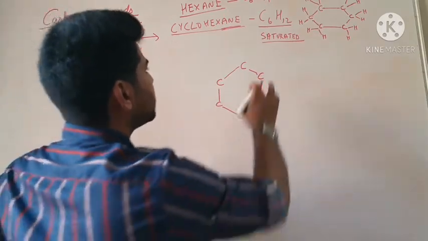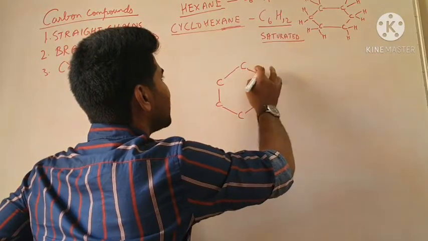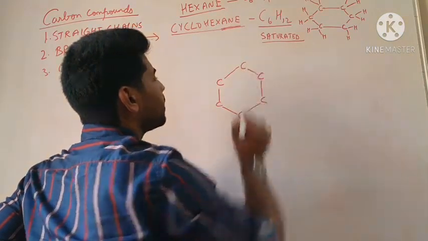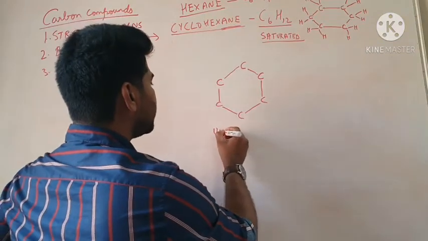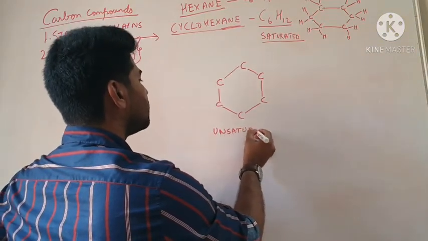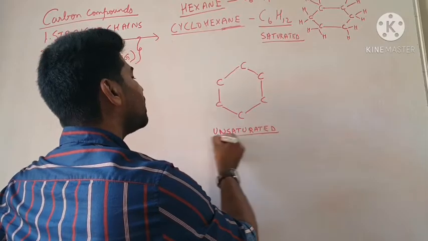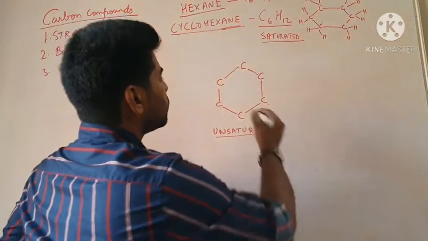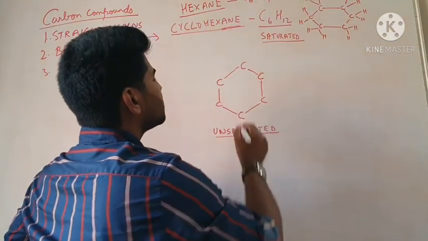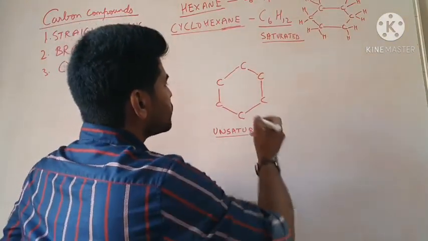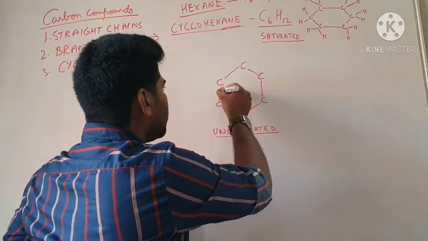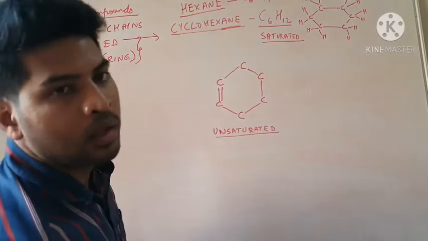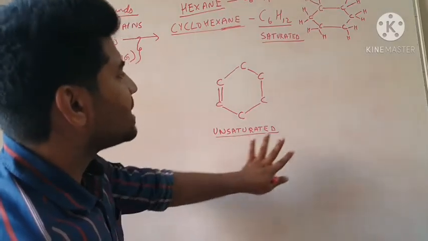Now, because we are drawing an unsaturated cyclical hydrocarbon, it needs to have at least one double bond. Only then it could be called unsaturated. So either a double bond or a triple bond, and let it be a double bond. So I am going to put a double bond between these two carbons. Now it makes it unsaturated.